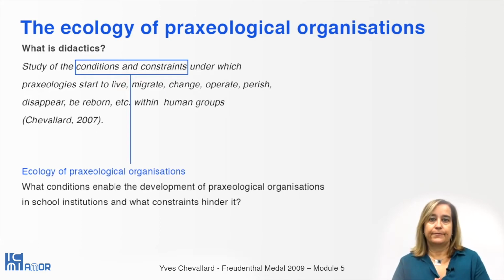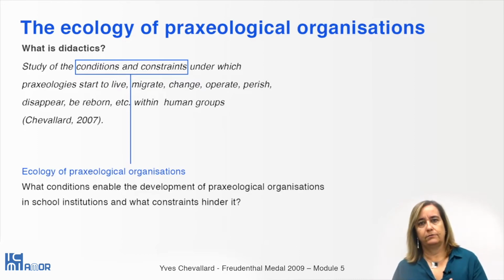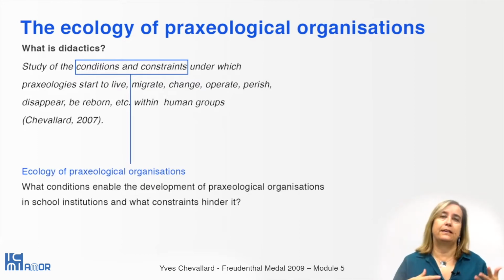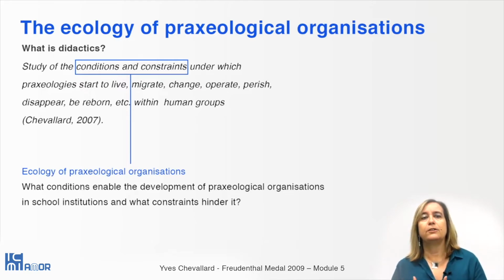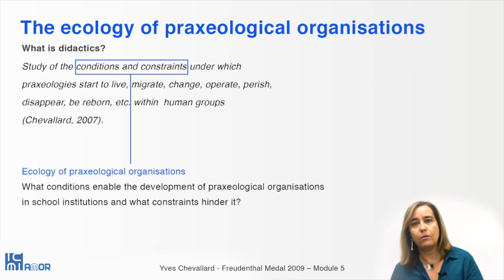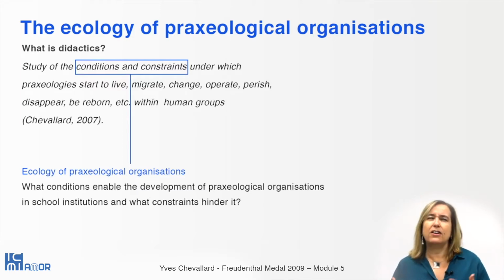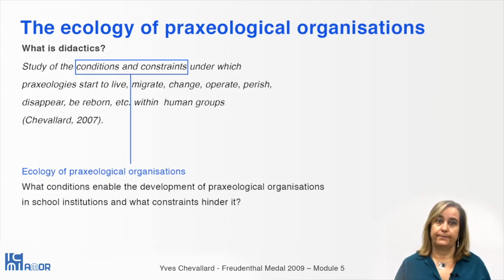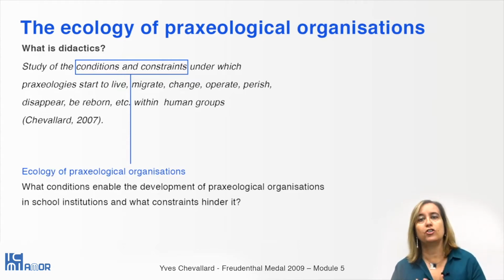In a way, we do not think in terms of what should be done, for instance, how to better teach or to better learn, but in terms of possibilities, what can be done and how, and mainly what cannot be done and why. A key tool for the analysis of the ecology of praxeological organizations is the scale of levels of didactic codeterminacy.